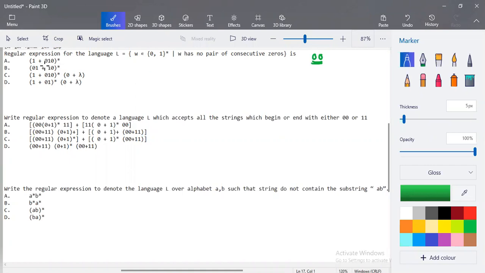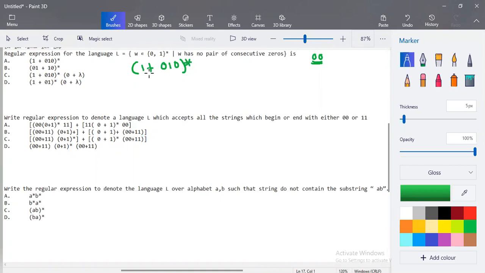Okay, so let us take the first option, that is 1 plus 0, 1, 0, the whole star. As I told you, plus actually means either 1 or 0, 1, 0, and whole star means any number of iteration of 1 and 0, 1, 0.